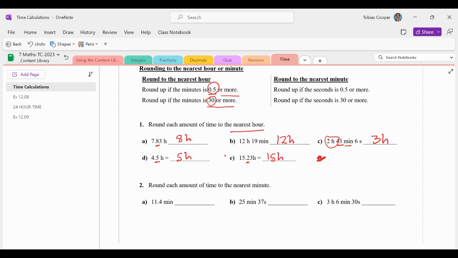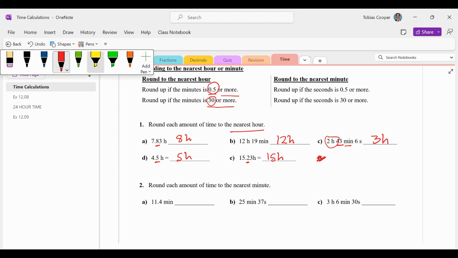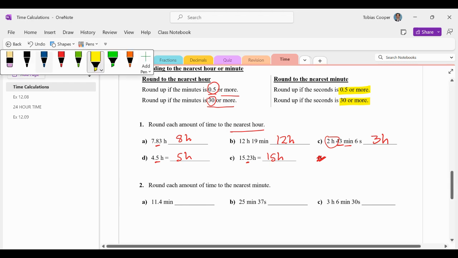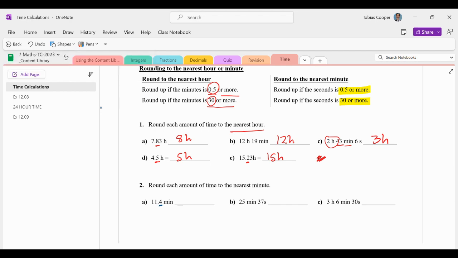Now to round each time to the nearest minute, let's come over here. It says to round to the nearest minute, round up if the seconds is 0.5 or more, and round up if the seconds is 30 or more, otherwise you're going to round down. So now this is 11.4 minutes. So to the nearest minute, that's 11 minutes.